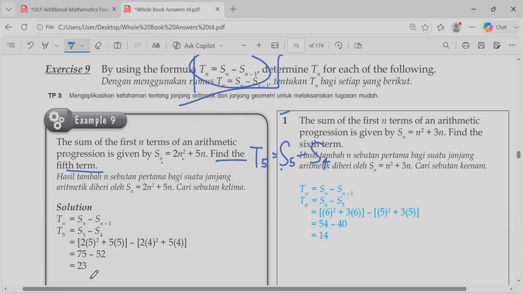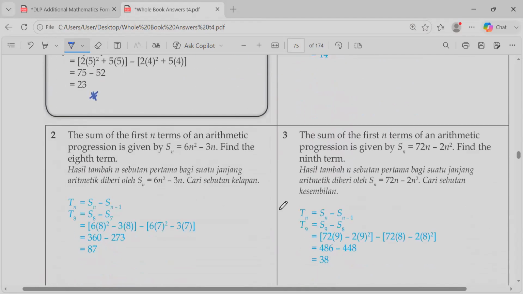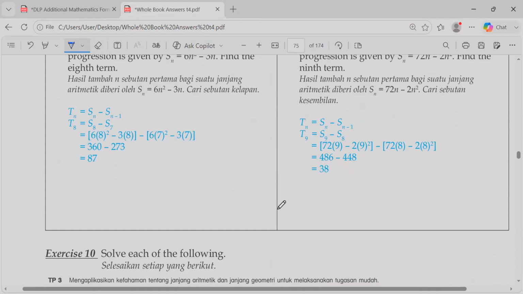And then using the calculator, you get the answer. Very easy. Same thing for question number 1. Find the sixth term. So you substitute 6 minus the substitute with 5, and then you get the sixth term. Very easy.